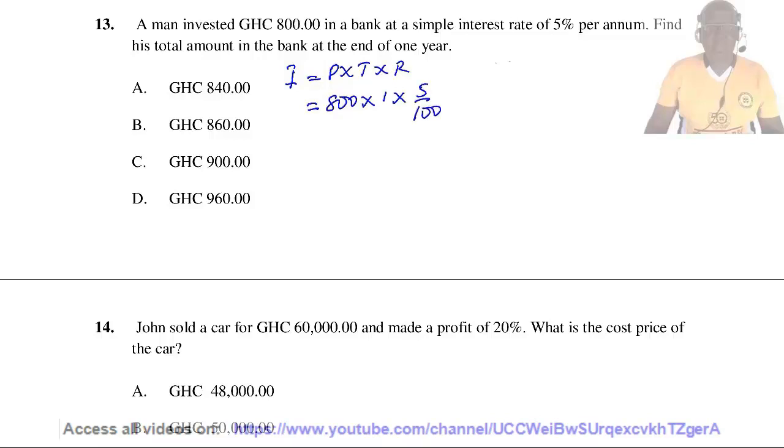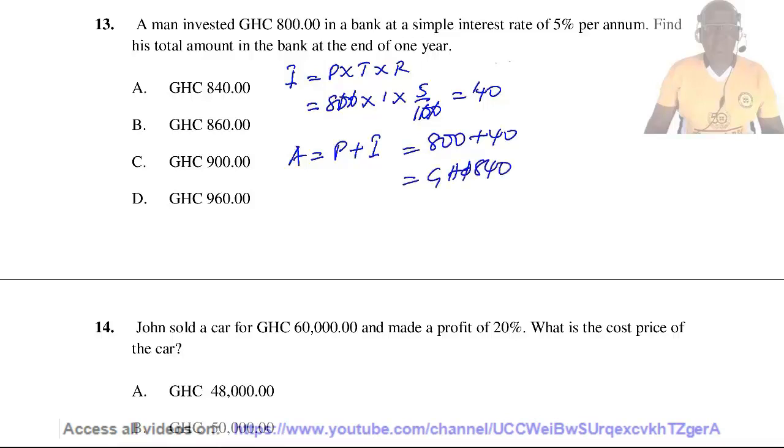That's 5%. This will cancel this, and we shall be left with 40. The amount in the bank is going to be equal to the principal plus the interest, which equals 800 plus 40, which equals 840 Ghana cedis. So the answer is A.